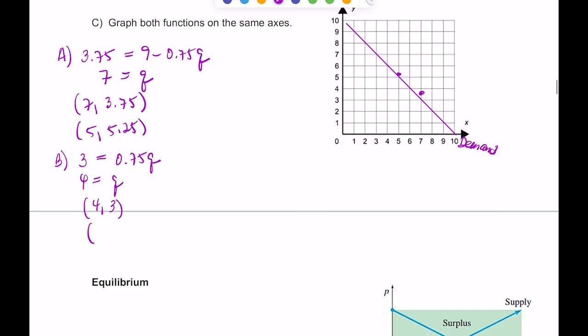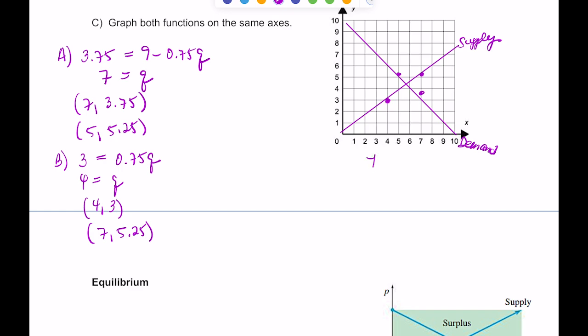And then from letter B, it was 7 comma 5.25. So 4, 3 is going to be right there. And then 7 and 5.25 is going to go maybe right about there. Okay, and we'll just plot the points. Here's your supply equation.